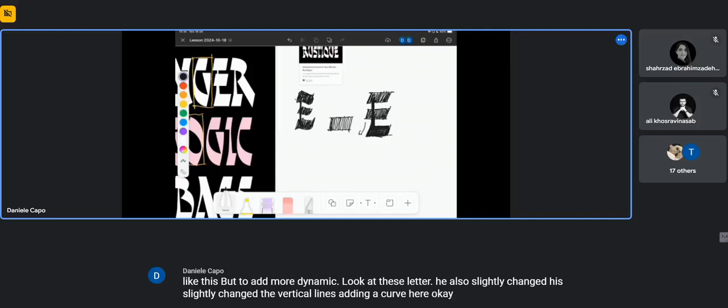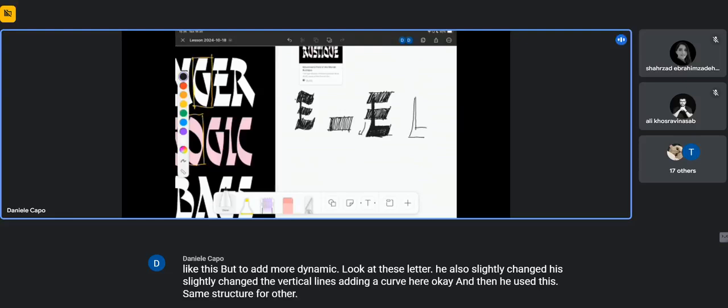Okay. And then he used this same structure for other letters like R.